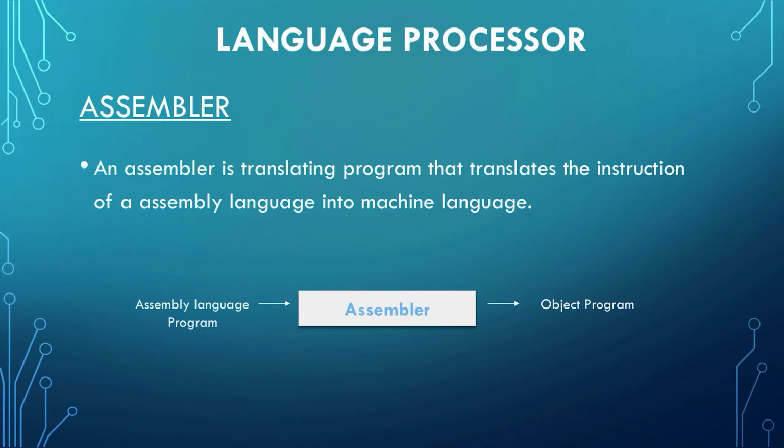It contained some symbols or nicknames or different letters. For example, we used sub in place of the binary code for subtraction. So the assembler is a translator which is used for assembly language. So we give an assembly language program to an assembler and it converts it into an object program.